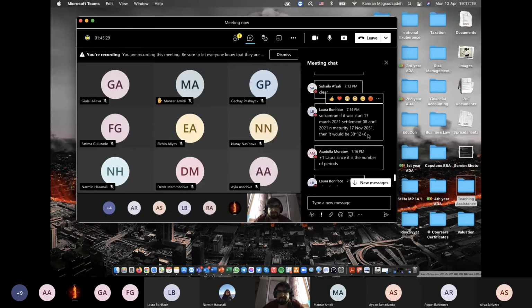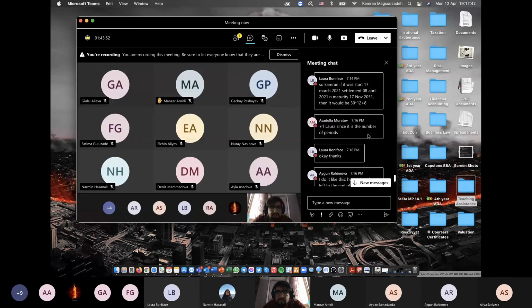Yes, right. Because you are taking the difference between November and November, November in 2021 and November in 2051. There is a 30-year difference. You multiply by 12 and plus 8 months, because there are 8 months difference between March and November. Right, Laura.